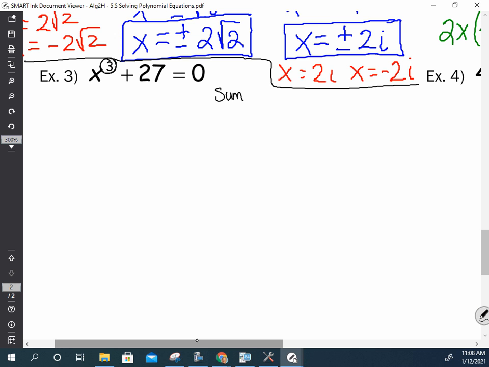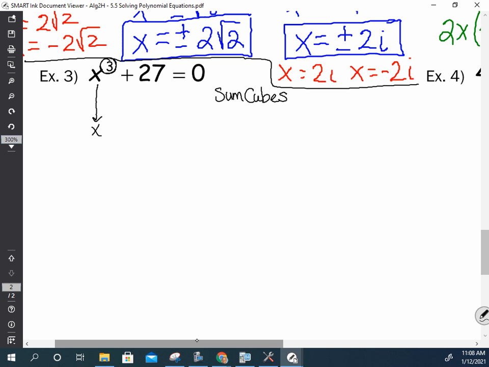So let's bring in the sum of cubes. So for sum of cubes, first thing, you have to figure out what to the third power will give you x cubed.